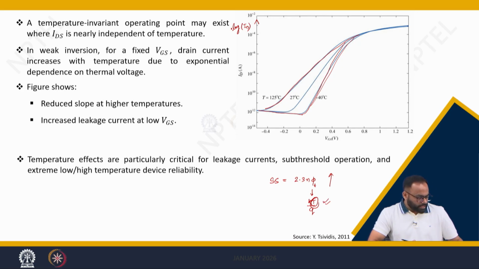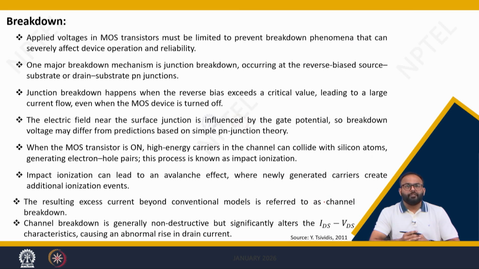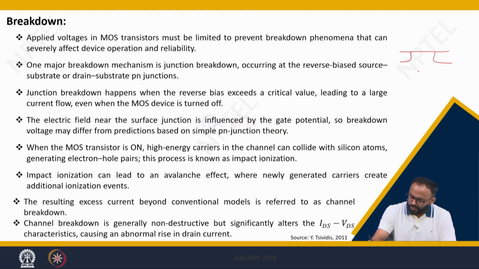Now the next extrinsic effect we can think of is breakdown. When we are applying our voltages in our MOSFETs, for example, we have a source terminal, drain terminal, gate terminal and body terminal.